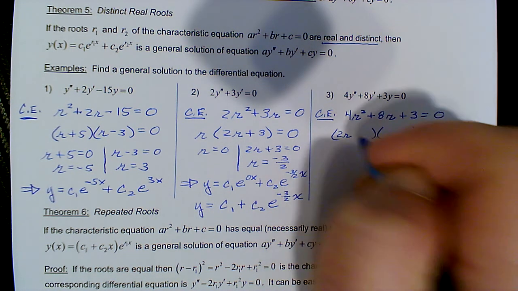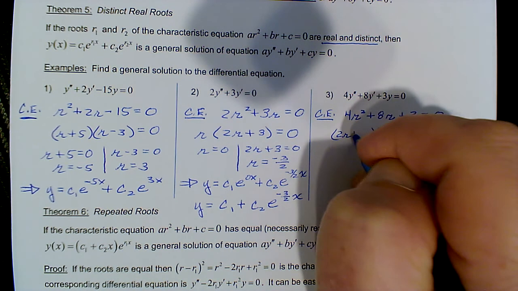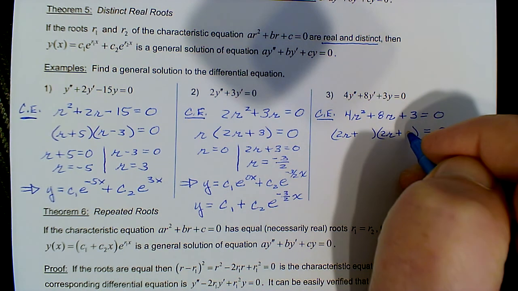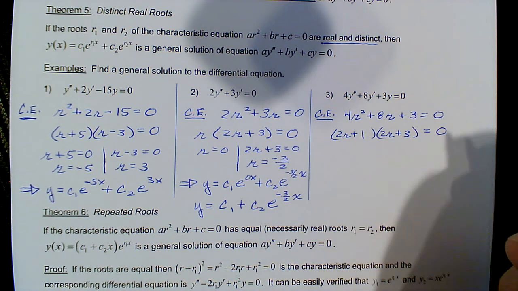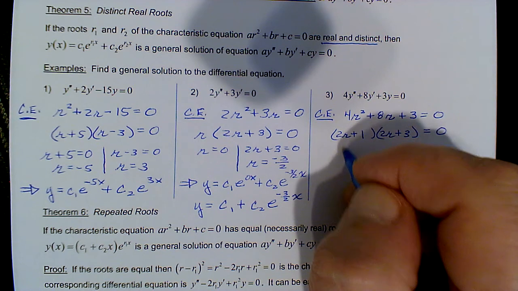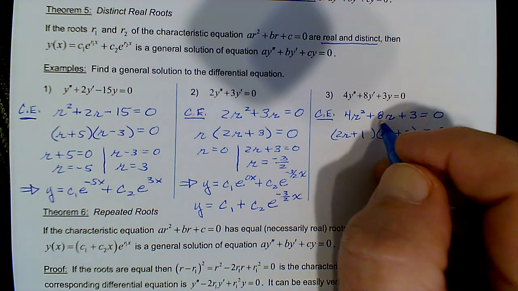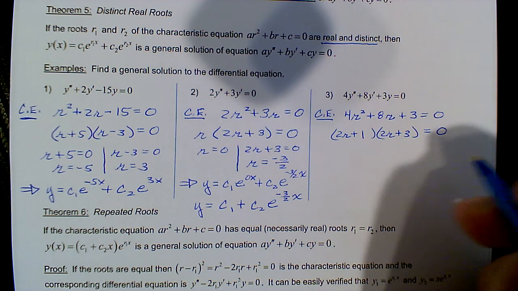If we put a 2r and a 2r, okay, they both have to be positive because everything's positive, and the only choice is a 1 and a 3. Doesn't matter what order. And you can check that the inner product is 2r, the outer product is 6r, which combines to give the 8r. So that's the correct factorization.